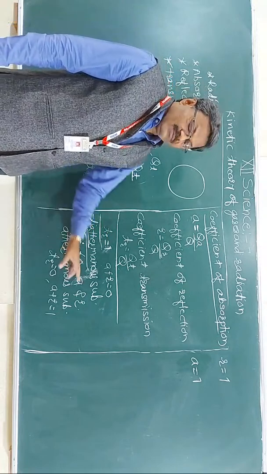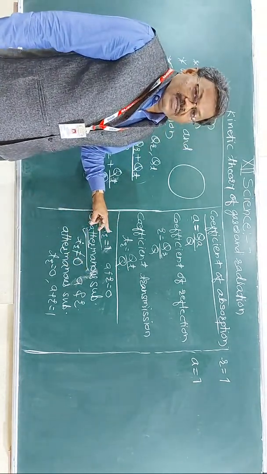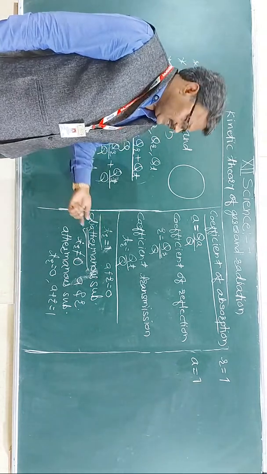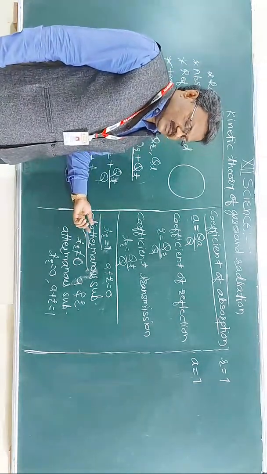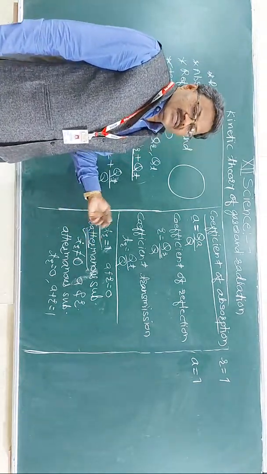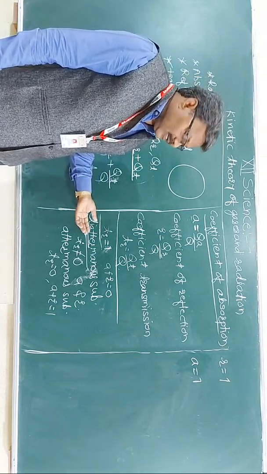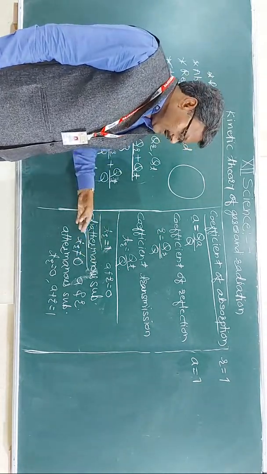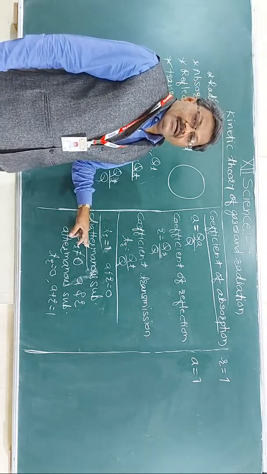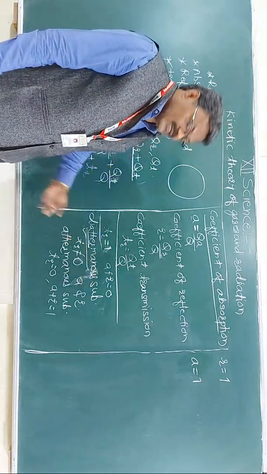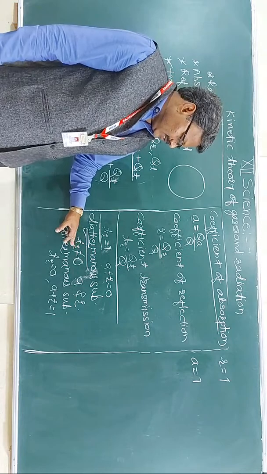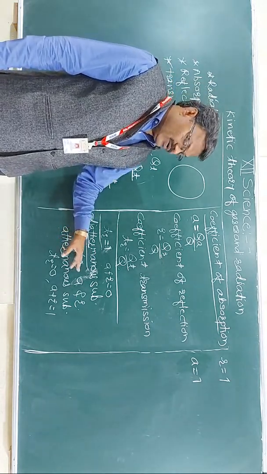Diathermal and athermal substances depend on the transmission of energy. The objects through which radiant heat or thermal energy can pass are called diathermal substances. In this case, TR is not equal to 0.